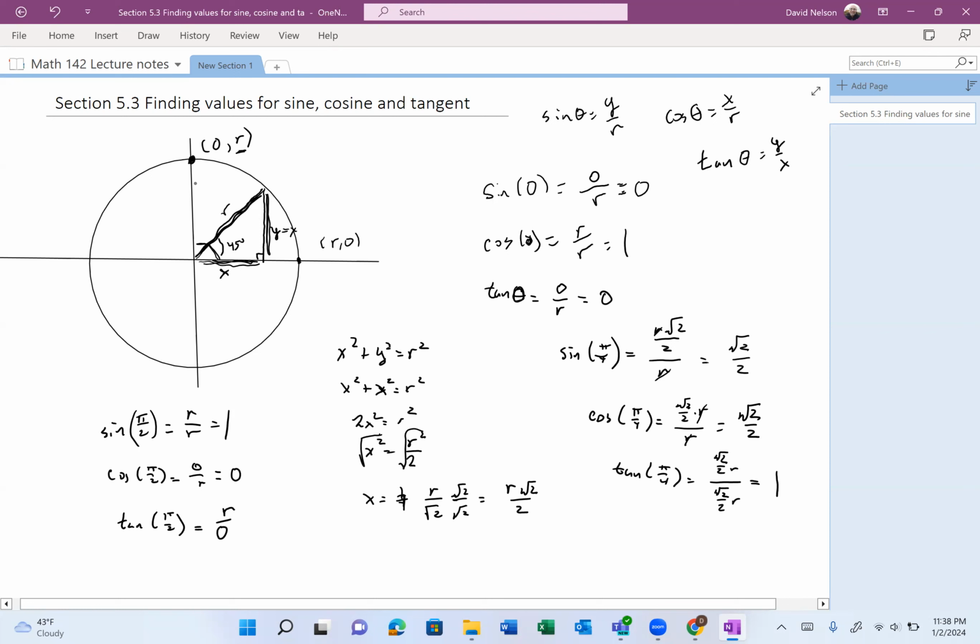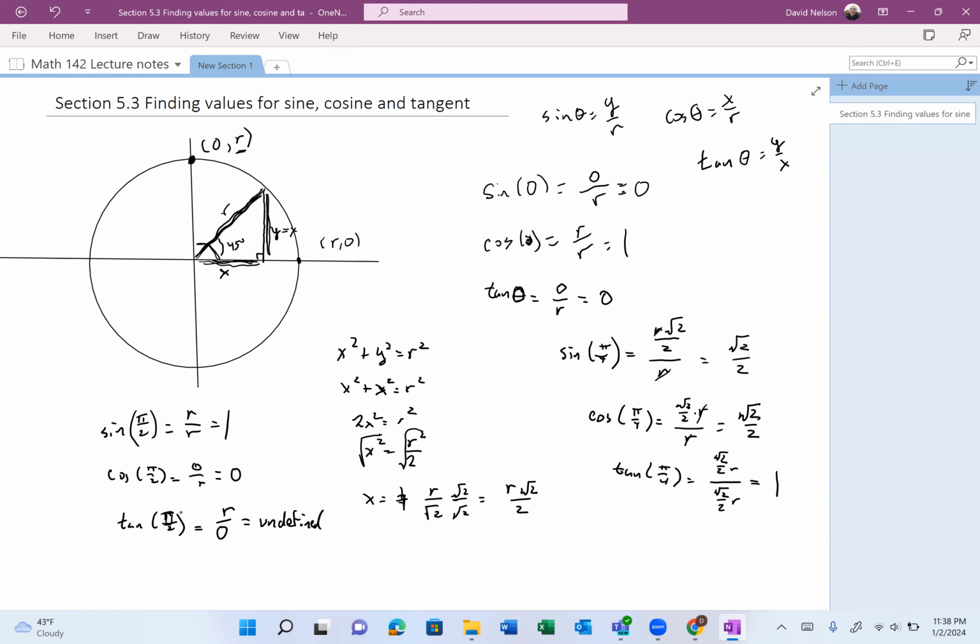It's going to be the y-coordinate divided by the x-coordinate, but you can't divide by 0. That is undefined. We do not have a value for the tangent of 90 degrees or the tangent of pi over 2 radians, because at that particular point, the function is undefined. So we have to be careful about that.